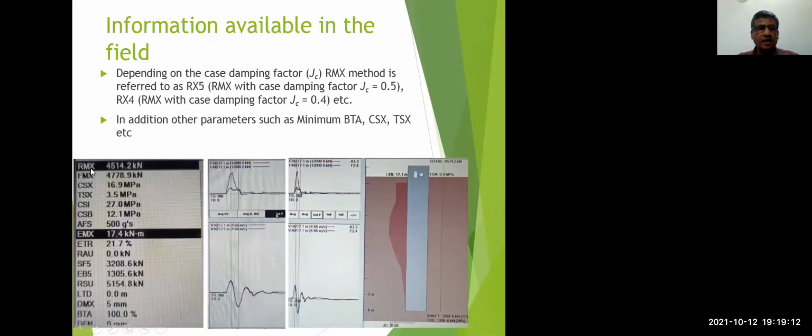So you can see RMX here, right? If you assume JC is equal to 0.5, we say RMX 5, and if you assume JC is equal to 0.4, RMX 4. So like that, you can vary the assumed values, right? And in addition to this, these are important ones: what is the compressive stress, CSX, that you measure, right?